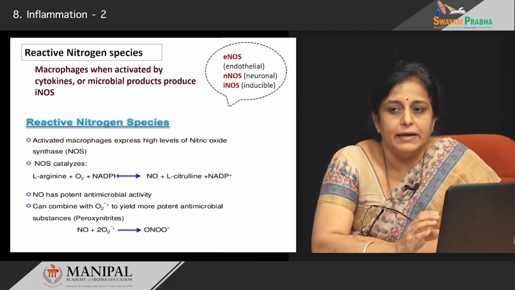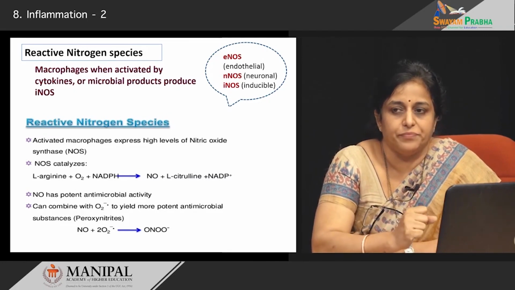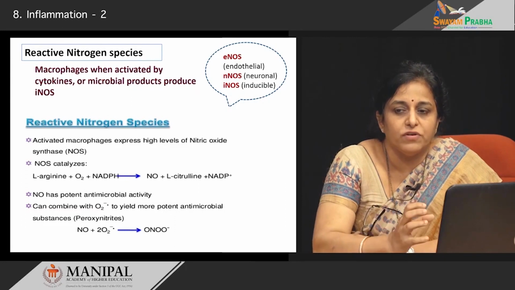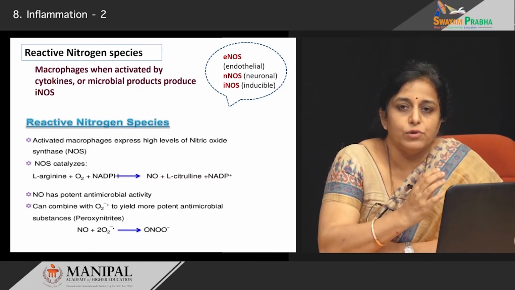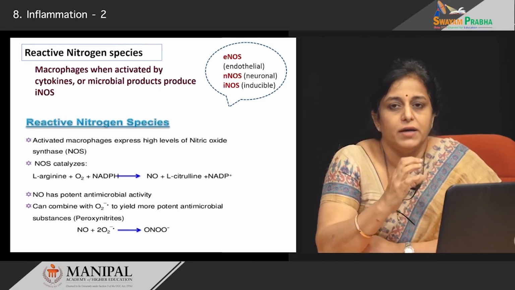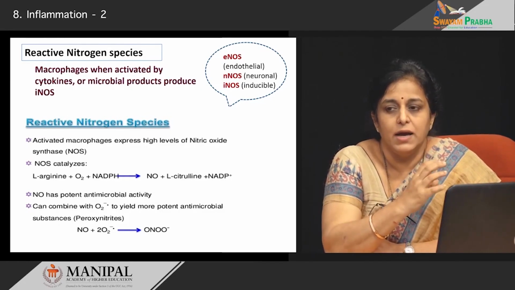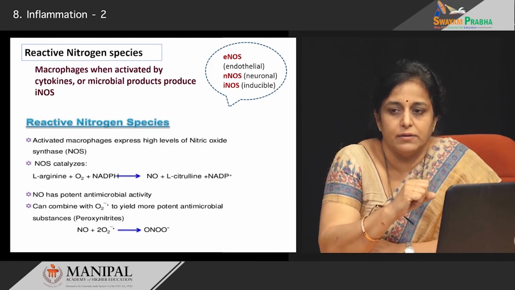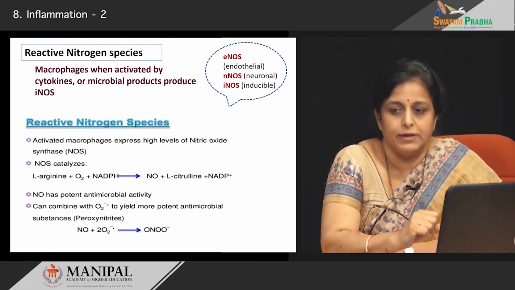It causes a catalytic action wherein oxygen is converted to nitric oxide. Okay. So, you have the nitric oxide. In this process, arginine is converted to citrulline and also NADPH is converted to NADP. So, oxygen, instead of getting converted to superoxide as in the reactive oxygen mechanism, here is converted to nitric oxide, and this nitric oxide also has very potent microbicidal activity.